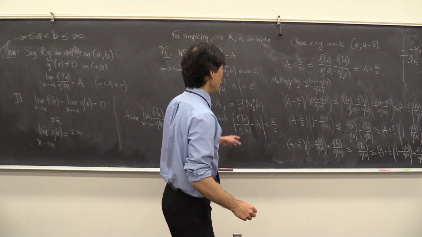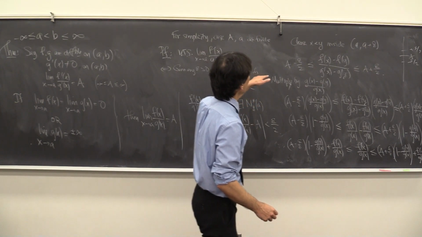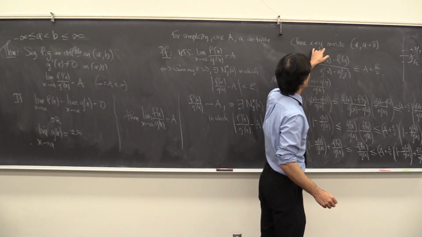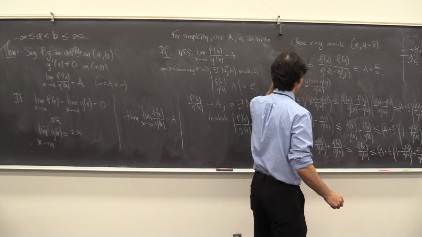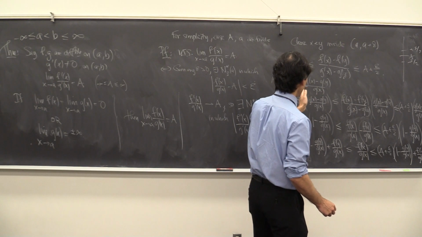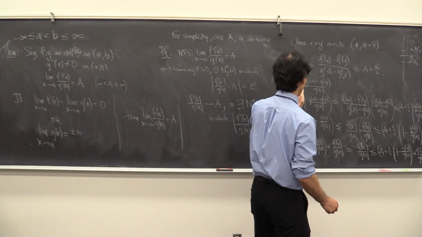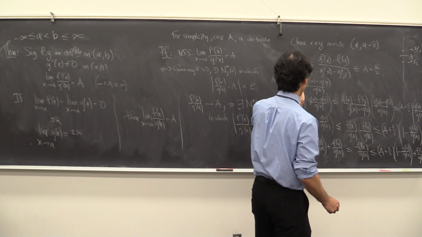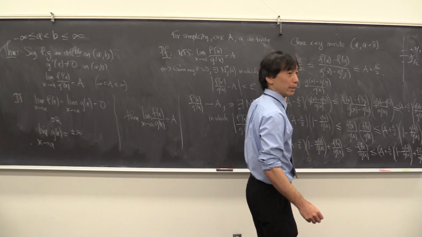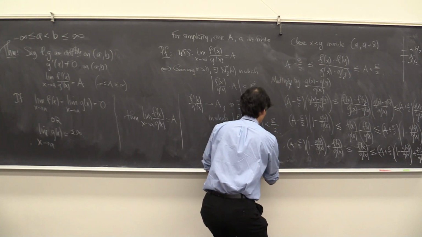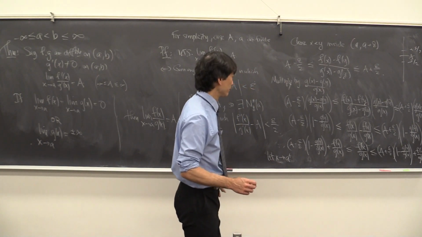So this is true for any x, y inside the neighborhood. And now we let x go to a, so let x approach a from the right-hand side.